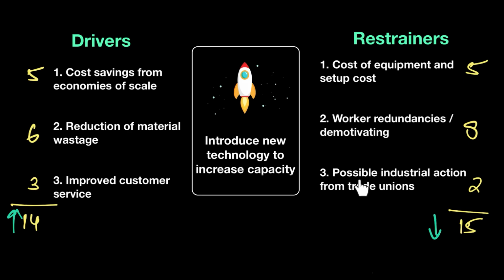When I look at the restrainers, I see that number 2, worker redundancy, is a big problem. It's an 8 out of a 10. So I'm going to narrow that down and bring that here to the bottom. That's what businesses are basically doing. They're trying to narrow down to that one factor that has the biggest impact on this strategy. And once you figure that out, then you come up with remedies for it.